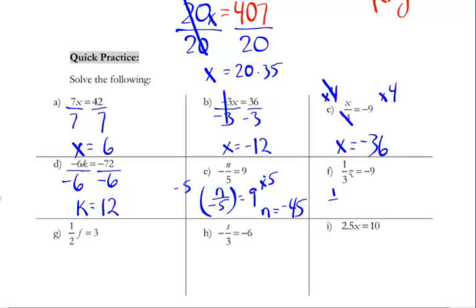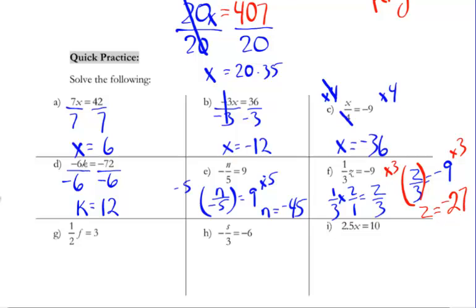Now, 1/3 times z, that's z over 1, that gives me z over 3. Now, I'm going to use that z over 3 equals -9. Now I'm at a spot where I can manipulate the equation. So I'm going to multiply by 3, and z equals -27.